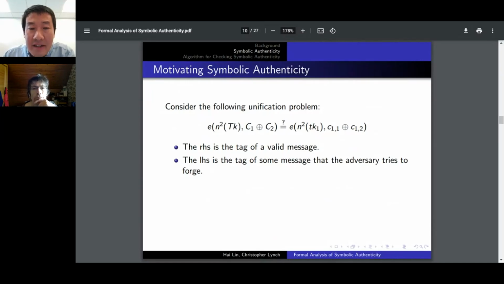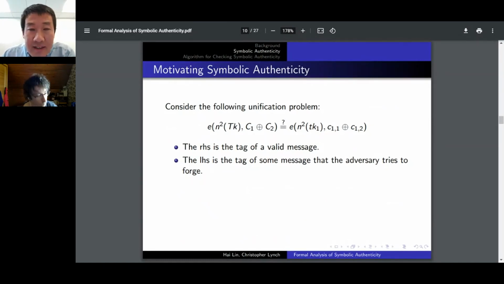And on the left-hand side, we have the tag of some message that the adversary tries to forge. So again, the capital C1, C2, and capital TK, those are all variables. So here, by solving this unification problem, we are asking the question, can the adversary modify the message somehow in such a way that the tag remains the same?